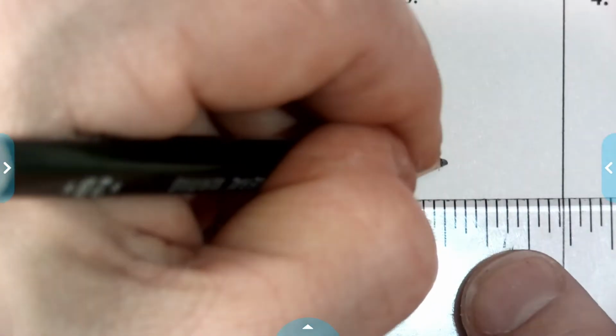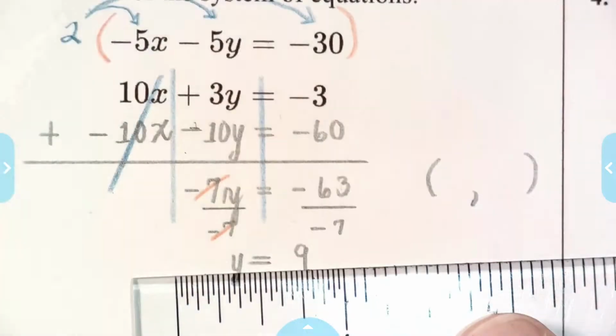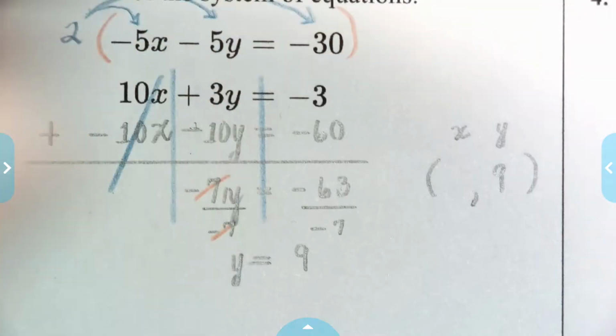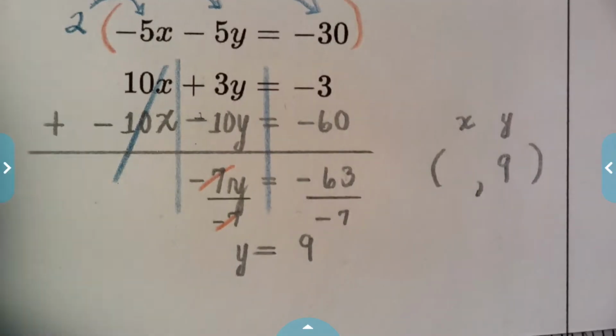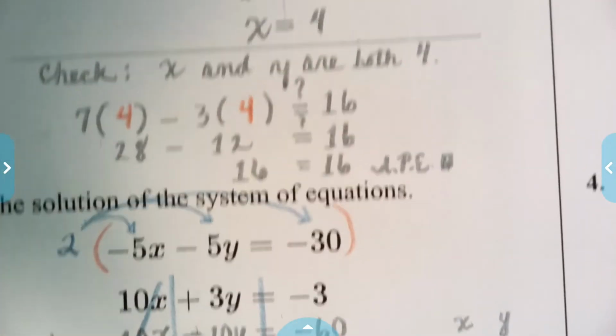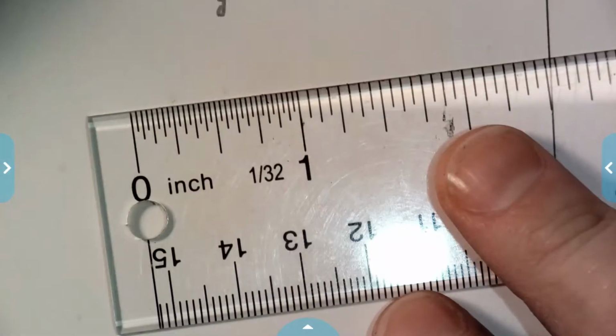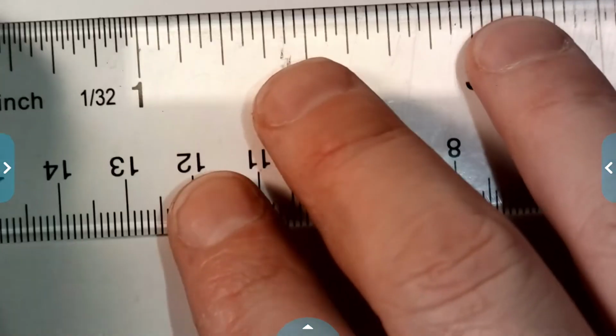So over here, in my solution, x comma y, I found y is 9. Okay. So now the question is, what is x when y is 9? Now, which equation looks easier? I'm going to go with the bottom equation, fewer negative symbols. So what is x when y is 9?